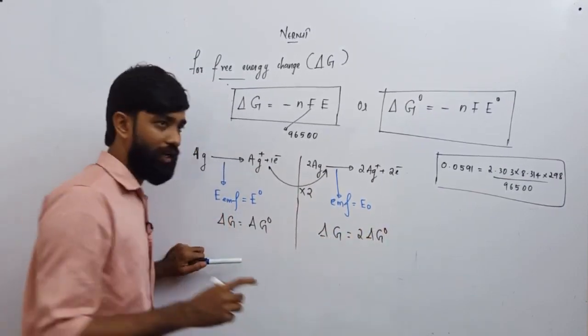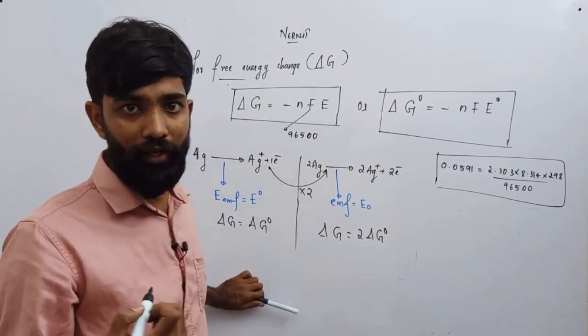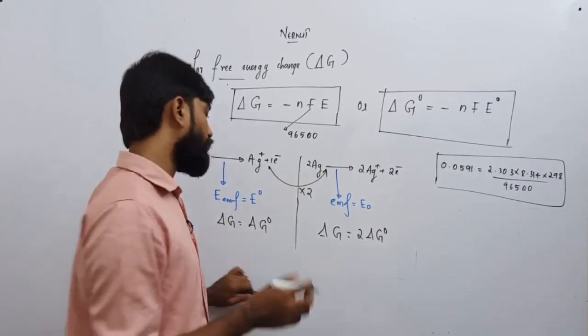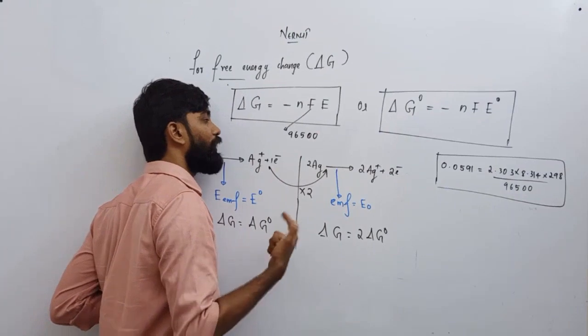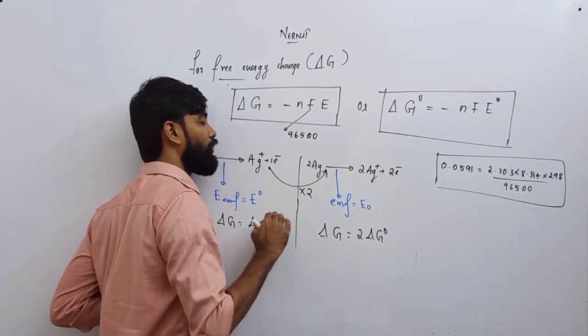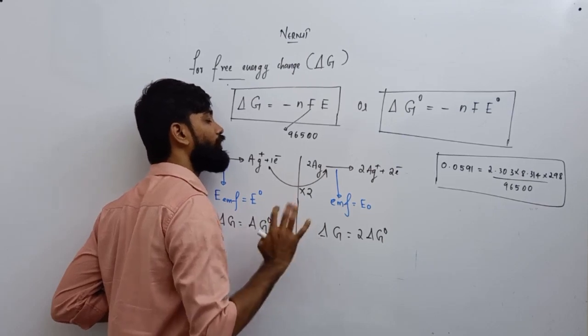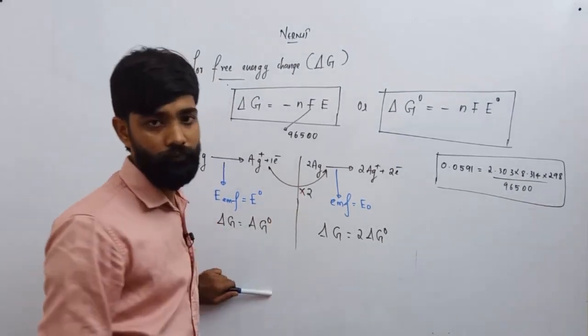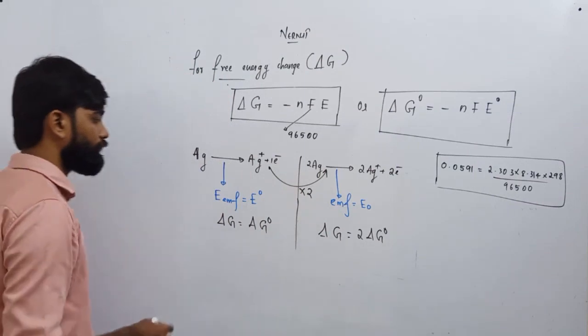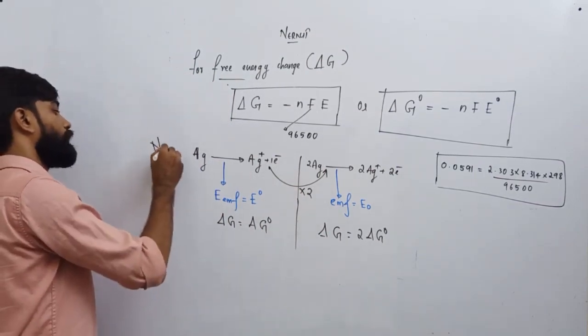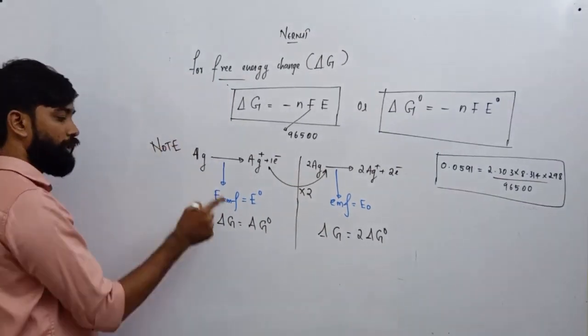Okay. So if a reaction is multiplied by N, then the delta G will be multiplied by N, whereas the EMF of the cell, or standard EMF of the cell, remains the same. That is one point that you have to keep in mind.